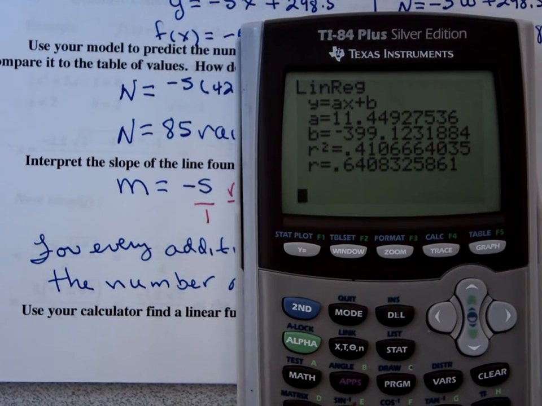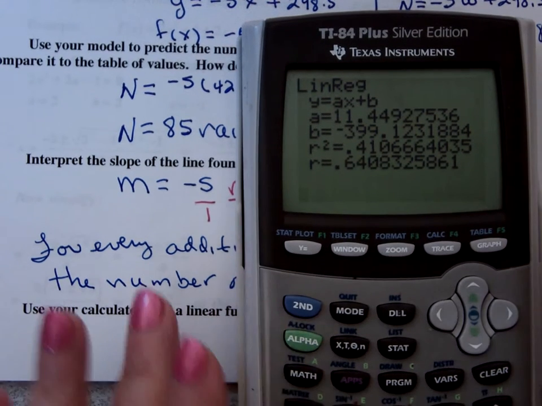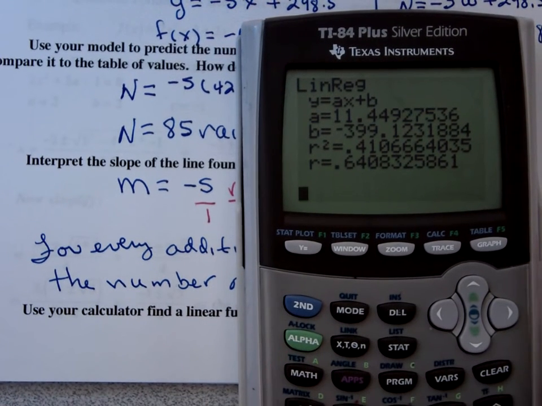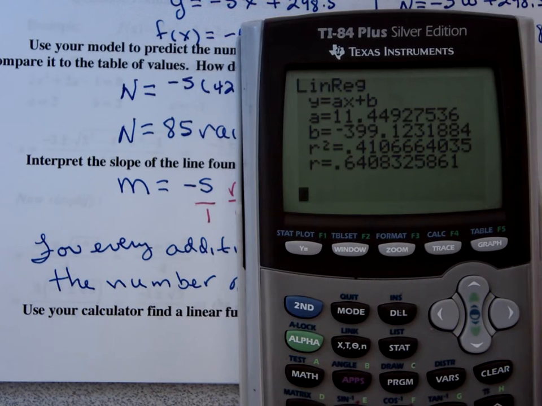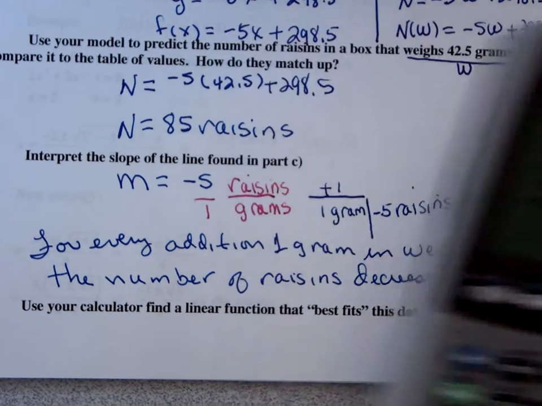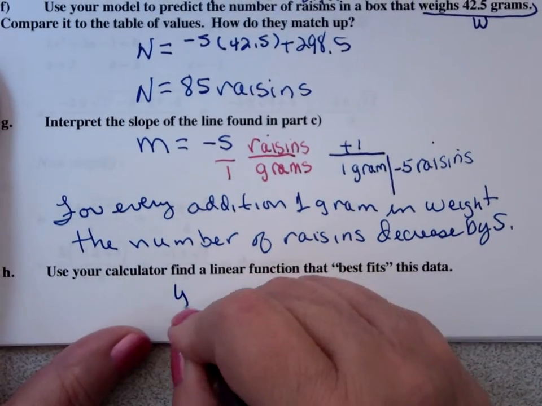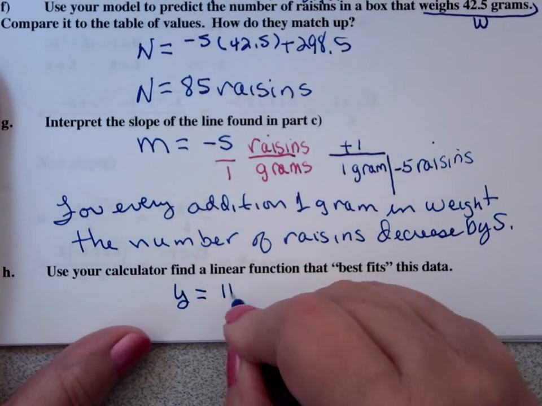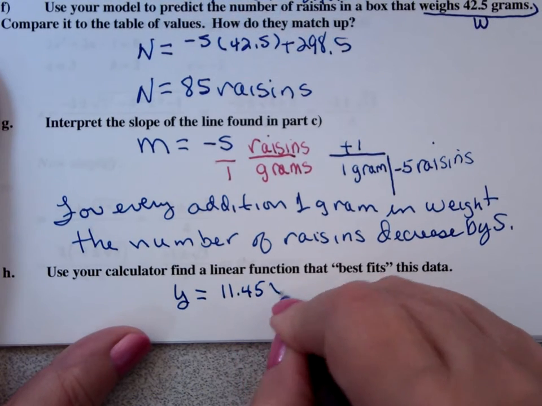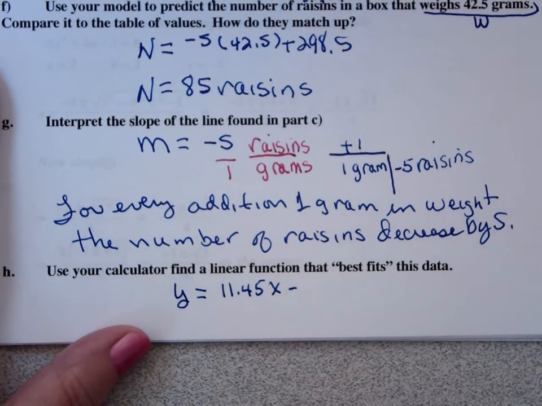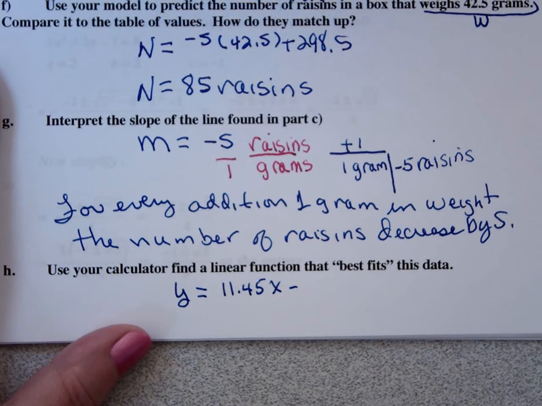And there we go. And that's the model itself. And we'll just take it to two decimal places, 11.45 and negative 399.12. So this says that y is equal to 11.45x minus 399.12.